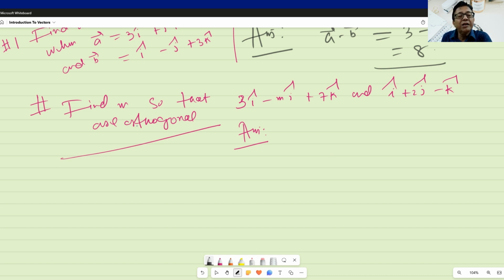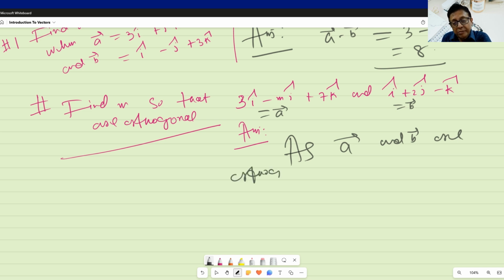So since they are orthogonal, if you take this one as vector A, this one B, as A and B are orthogonal, A dot B must be 0. This implies 3 minus 2m minus 7 equal to 0.